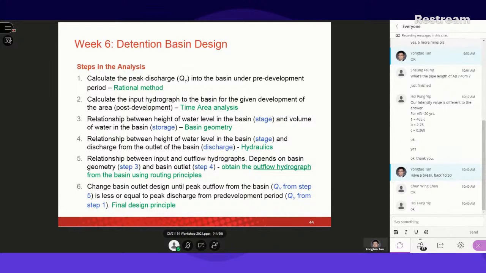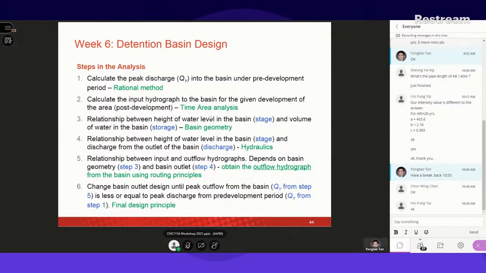Step 2, calculate the input hydrograph to the basin for the given development area, meaning the post-development hydrograph. So how to calculate the hydrograph? We use the time area analysis.